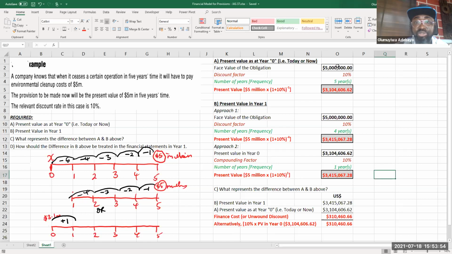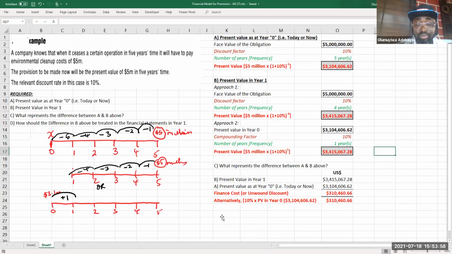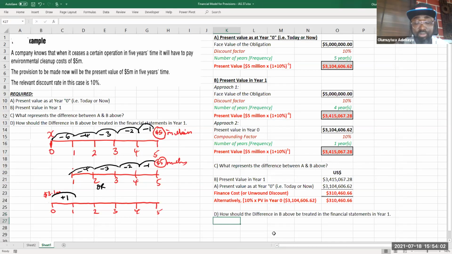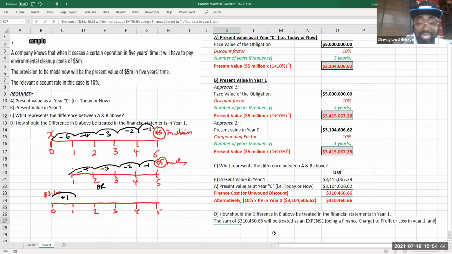Okay, that is that. Now, how do we treat this? The sum of 310,460.66 will be treated as an expense, a finance charge, to profit or loss in year one, and a corresponding increase to liability. What type of liability?